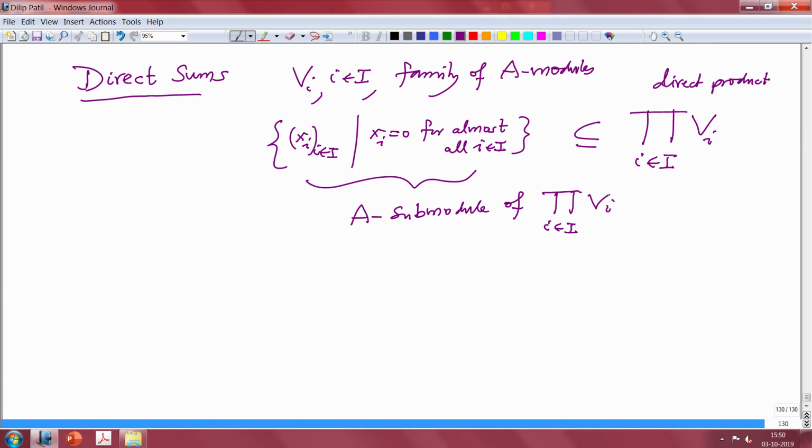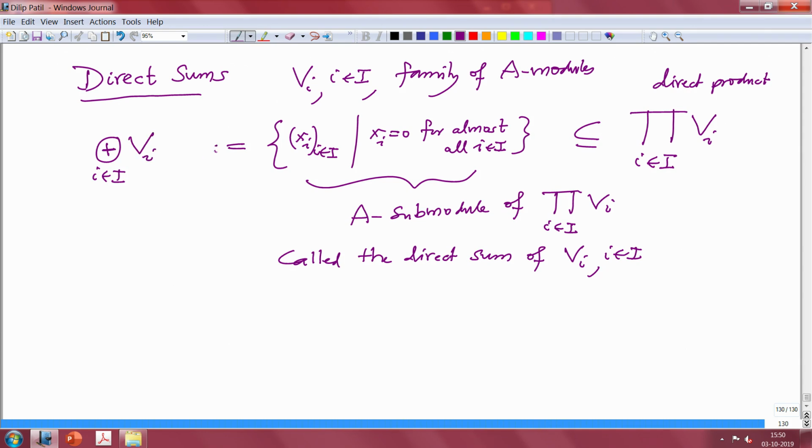This submodule is called the direct sum of the family Vi, and this is usually denoted like this. This is a definition.